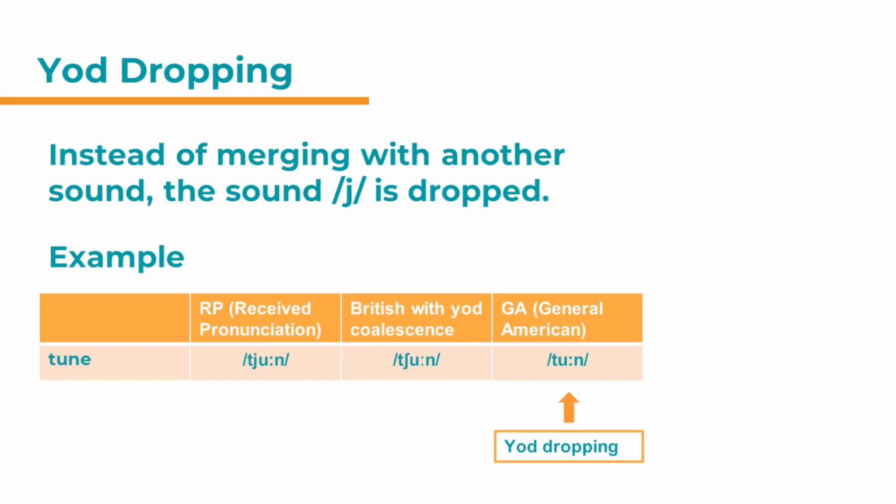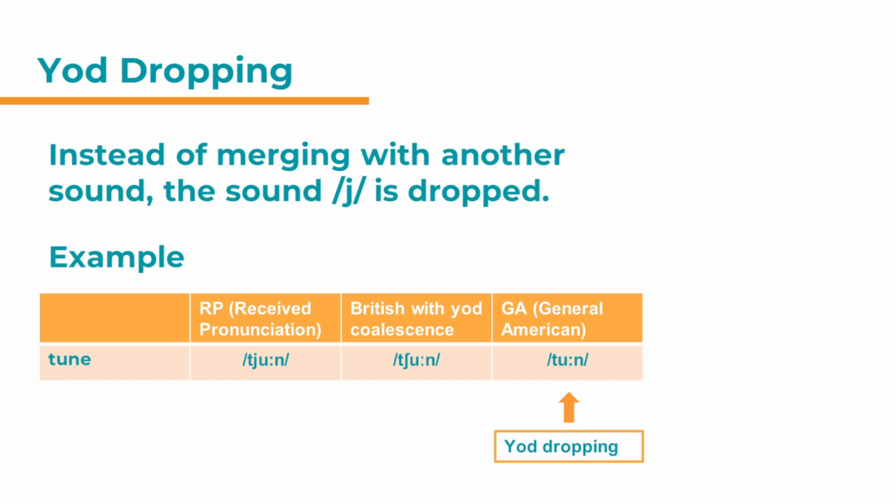We have the word tune. Now in RP, Received Pronunciation, Standard British English, we would say tune. So we have a t and a y. Now we do also have the pronunciation tune with a ch, and that is also British pronunciation, but with Yod coalescence.